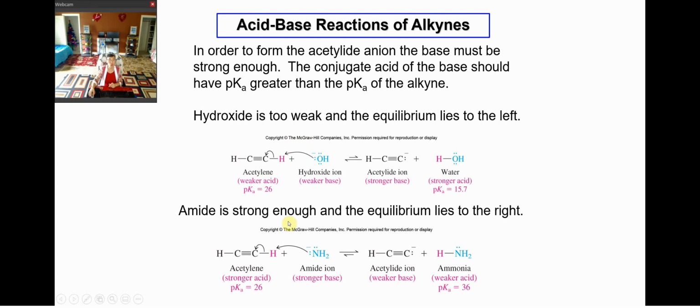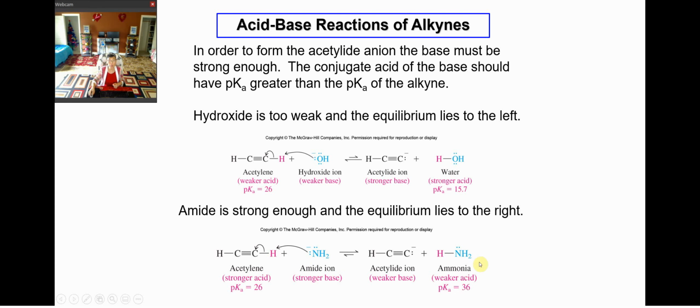In this case, you need a strong base, such as amide. If you dissolve a metal from the first group, such as sodium, in liquid ammonia, you are going to produce an amide. This amide is a pretty strong base. In this case, your acetylene can react with the strong base, so the reaction goes forward.